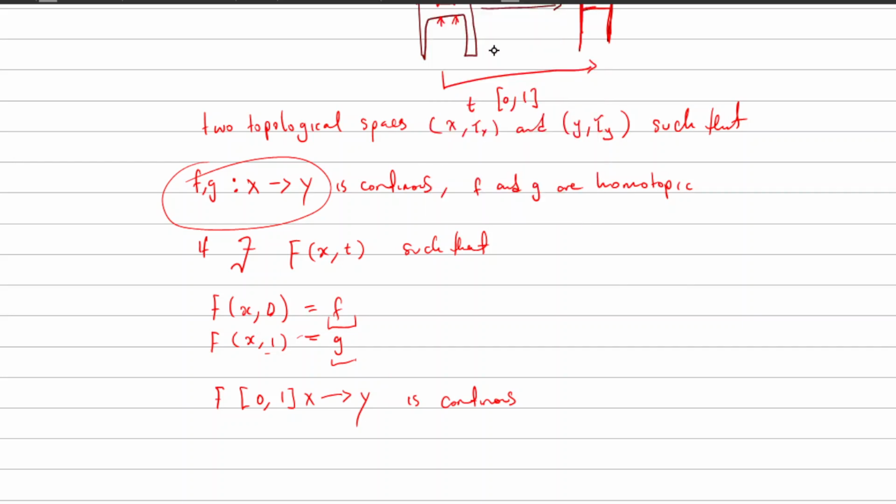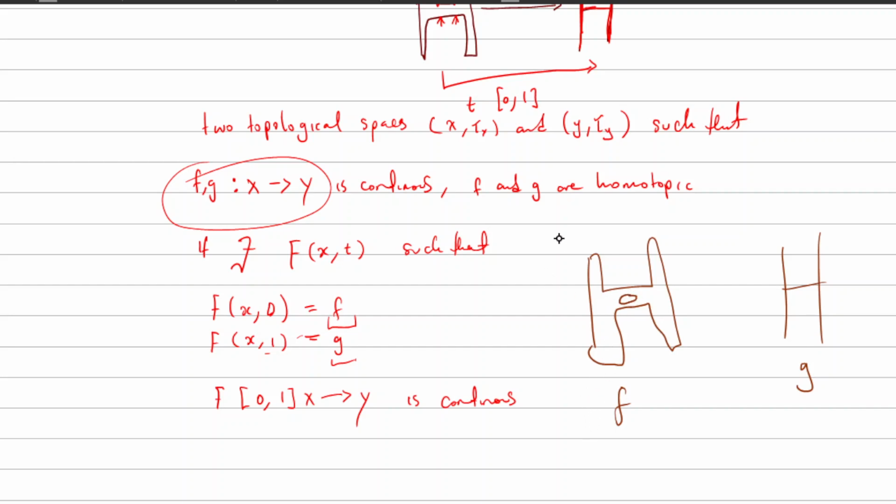I'll give the same example of the H. Suppose we have the H that we had, and this would likely be the f, and we want to see if it is homotopic to this H here. Now this would be g, and this H has a small hole there.